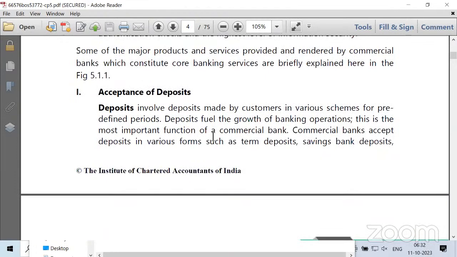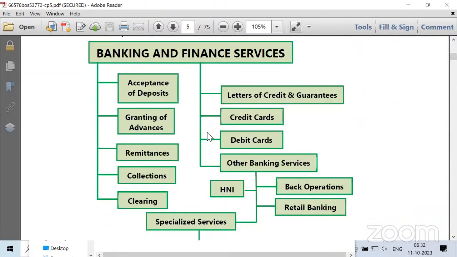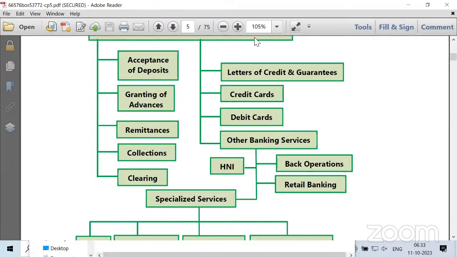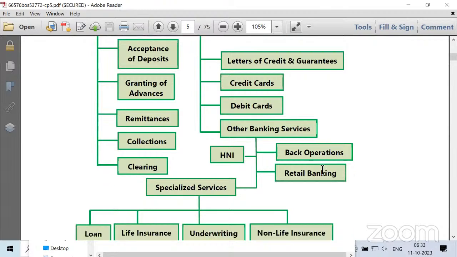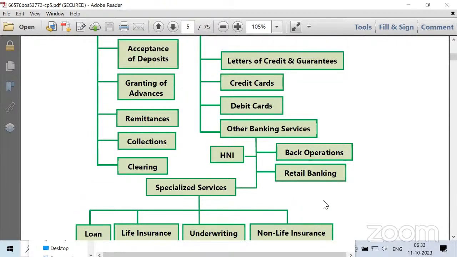So what does the bank do? Acceptance of deposits, granting of advances, then remittances, collections, clearing, letter of credit, guarantee, then credit cards, debit cards, other banking services. HNI, what is this HNI? HNI is high net worth individual, then back operations, retail operations, specialized services like loan, life insurance, underwriting, non-life insurance.